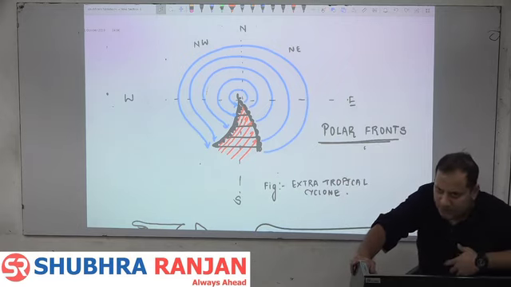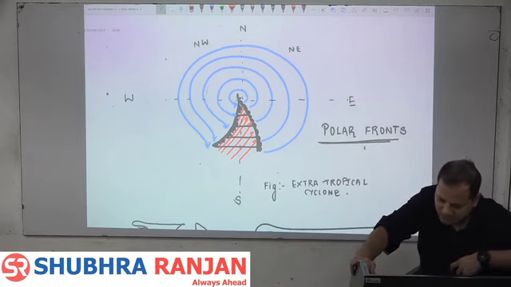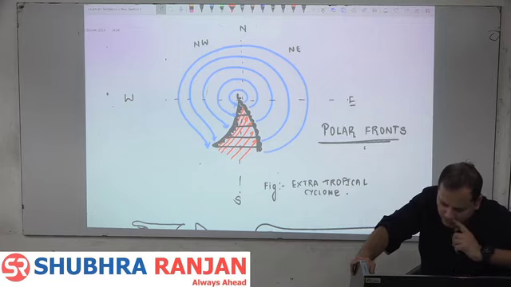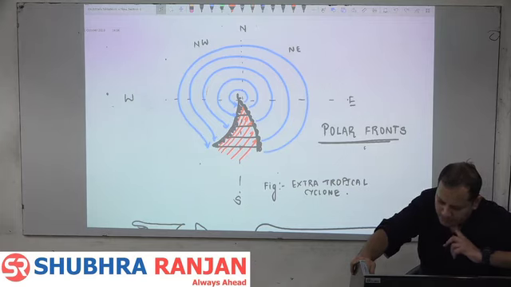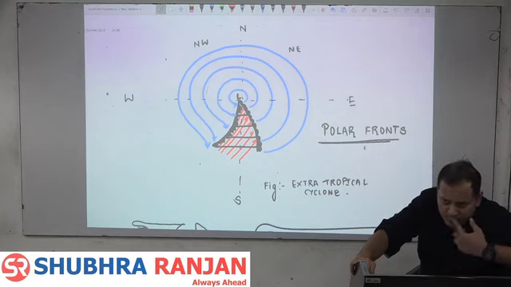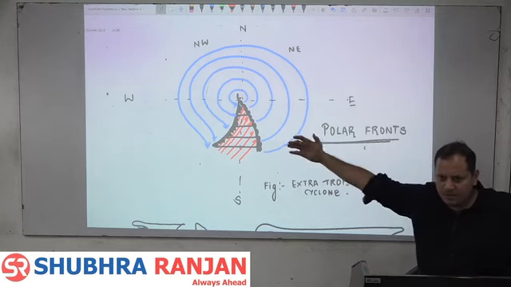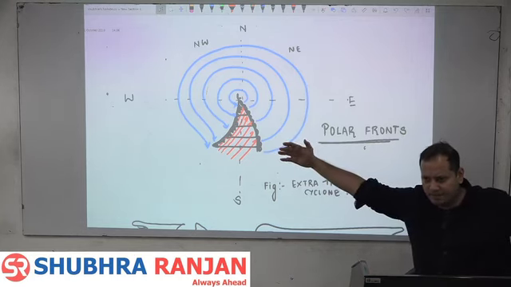The longitudinal axis of these depressions, longitudinal axis means length, right?